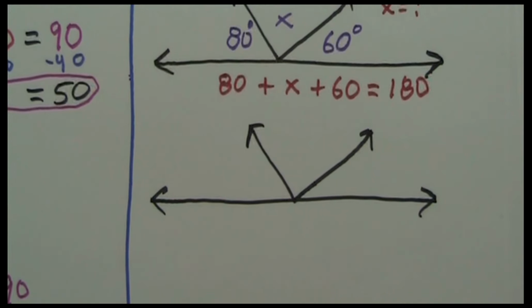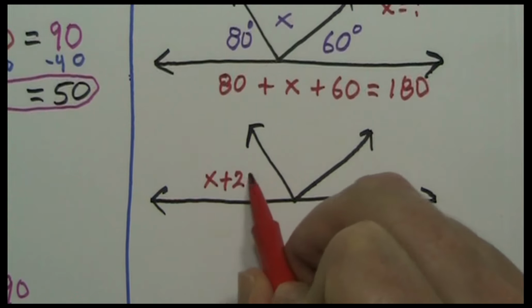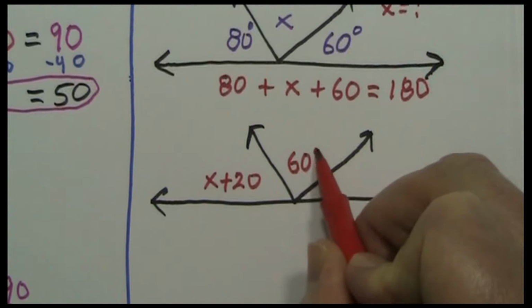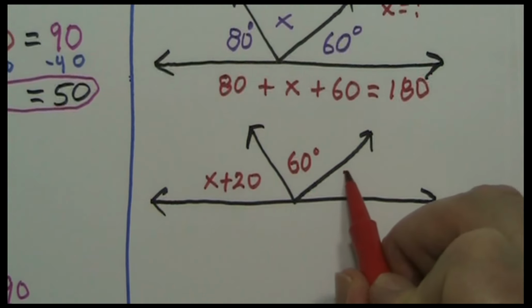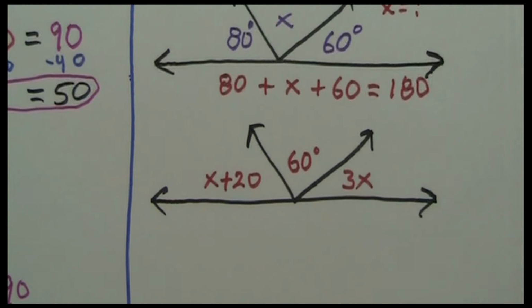See, we have X plus 20 for this angle, 60 degrees for this one, and 3x for that one. Now remember, all three of these add up to 180. So you just write an equation so they add up to 180.